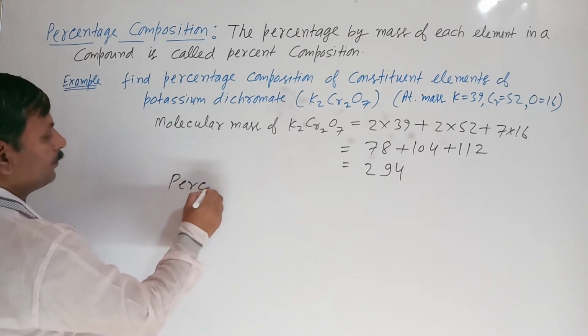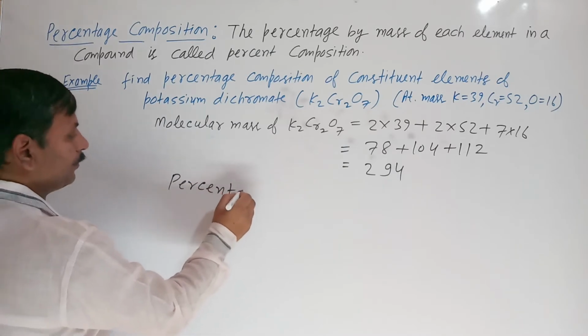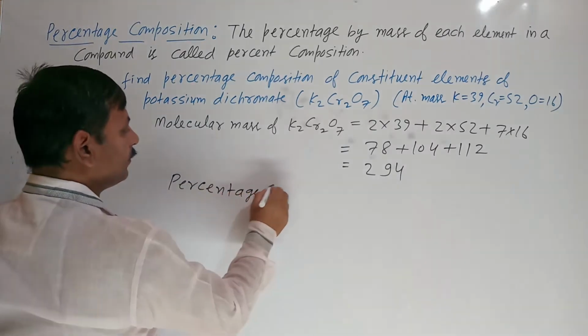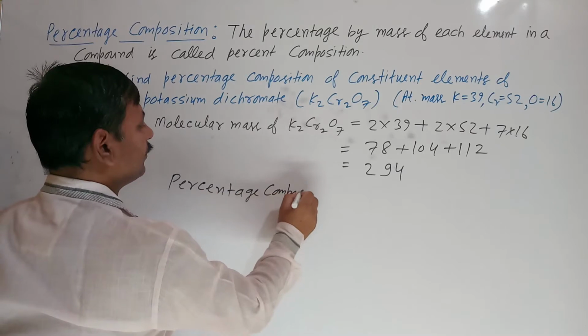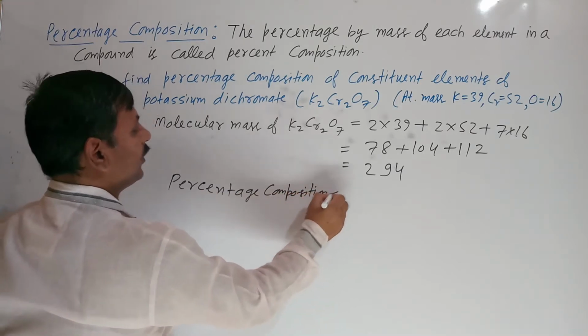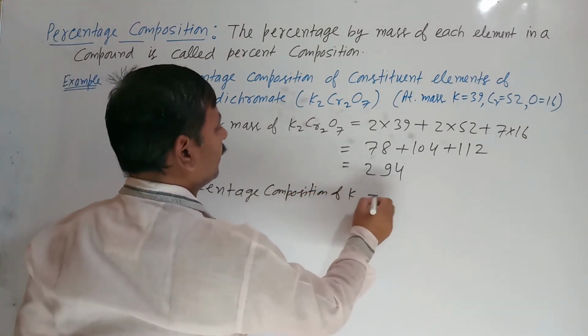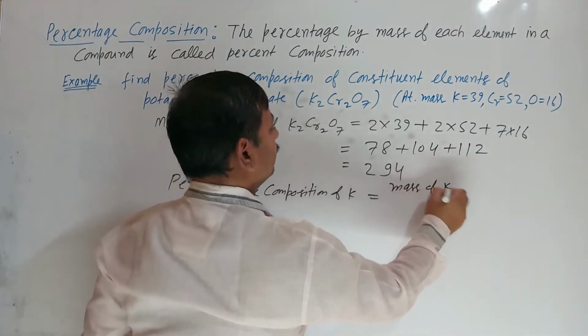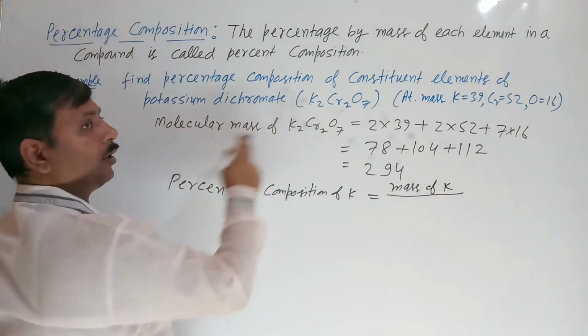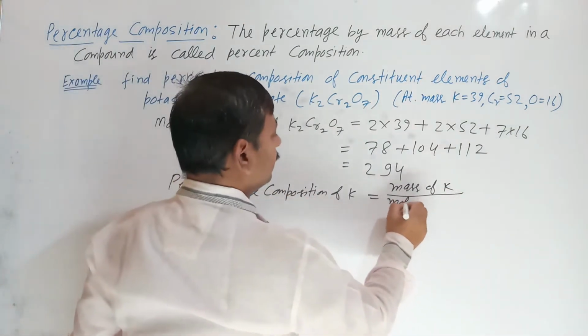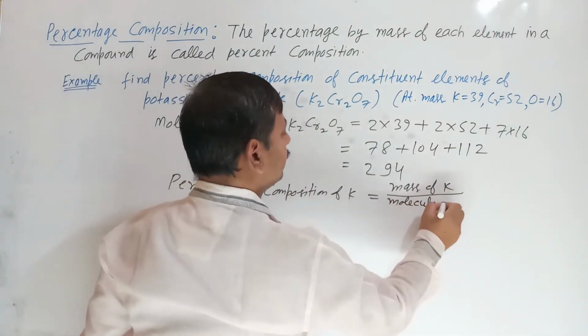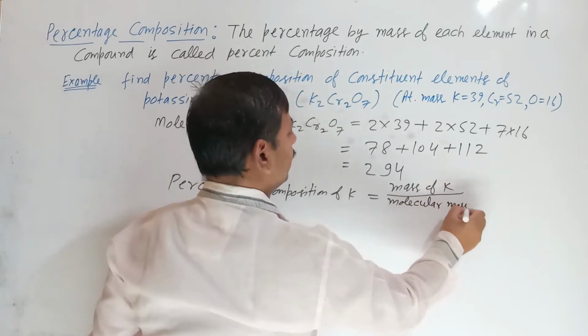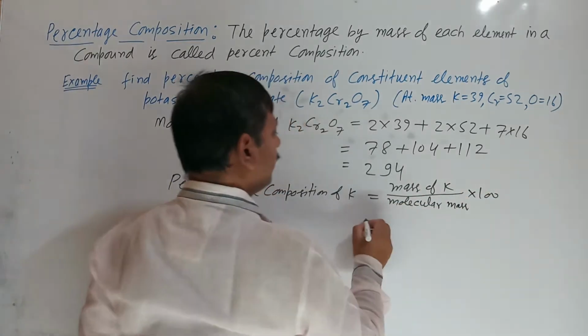Percentage composition of potassium K. Mass of potassium divided by total mass, molecular mass, into 100.